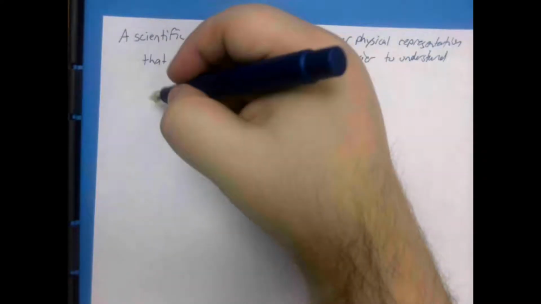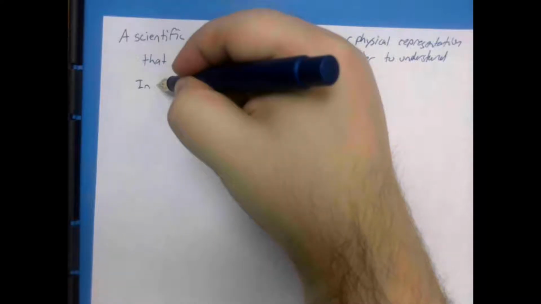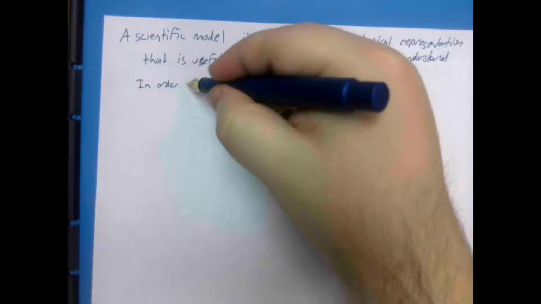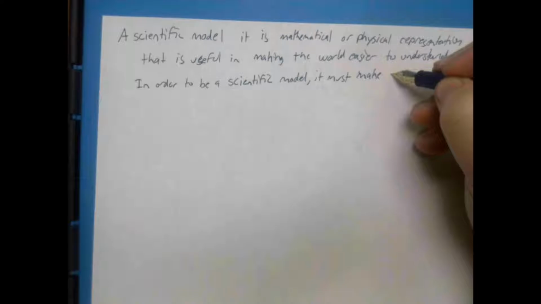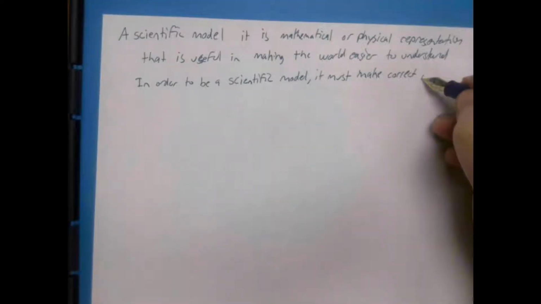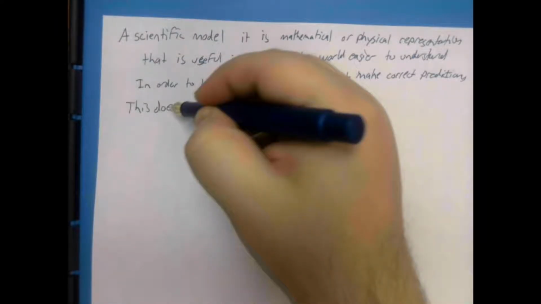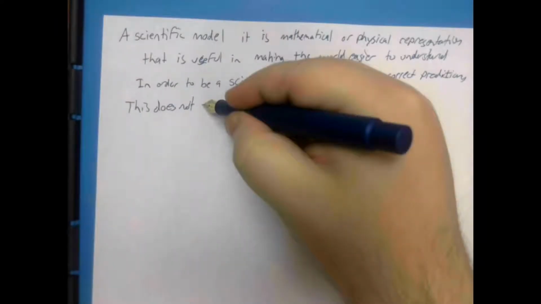In order to be a scientific model, it must make correct predictions. This does not mean the model is correct.